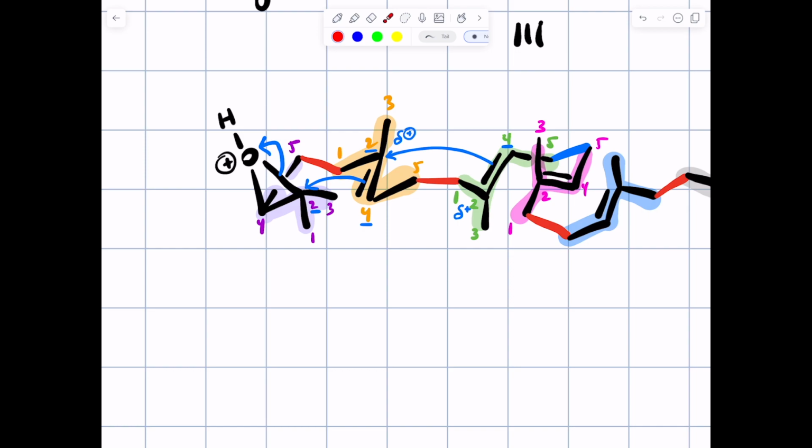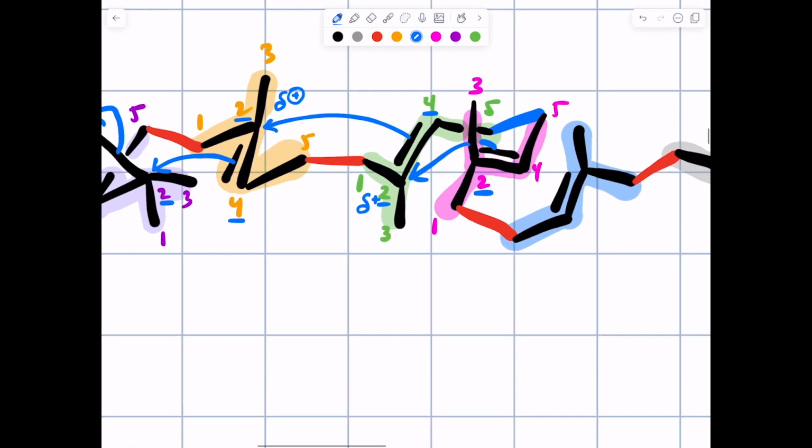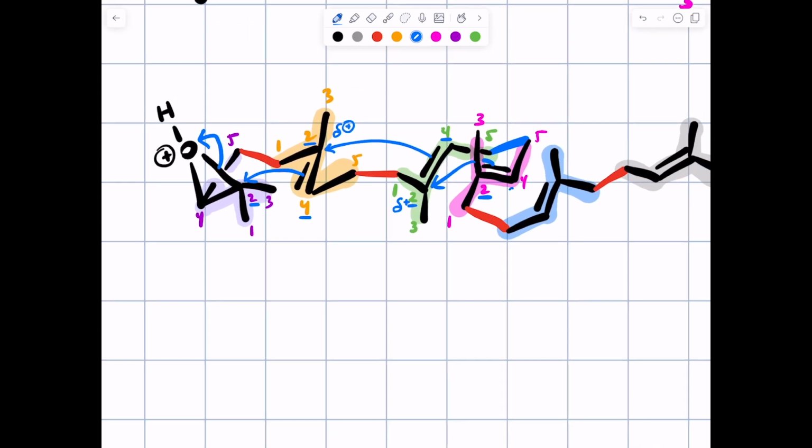If the pi bond attacks such that we form a new bond between pink 4 and green 2, we get a 5-membered ring, but the positive charge gets to build up on more substituted carbon 2. The result from biology is that it's more favorable for the pi bond to create a new bond between pink 2 and green 2, such that we form a 6-membered ring, and then that would lead to a buildup of partial positive charge on carbon 4.